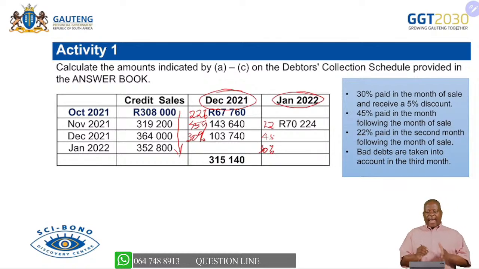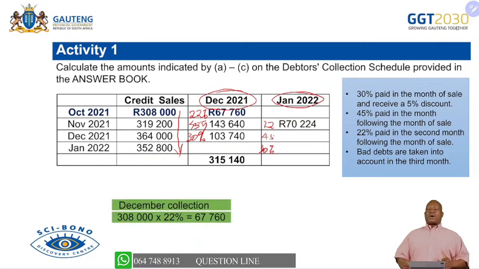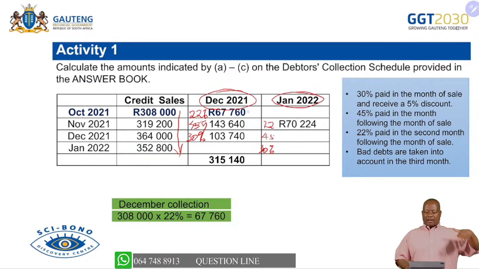Now, when you are in a position to establish this, then everything else is straightforward. So let's start by looking into December. December collection. Remember, we said December collection is going to be 22%. Now, it's 22% of what? We check in that line.